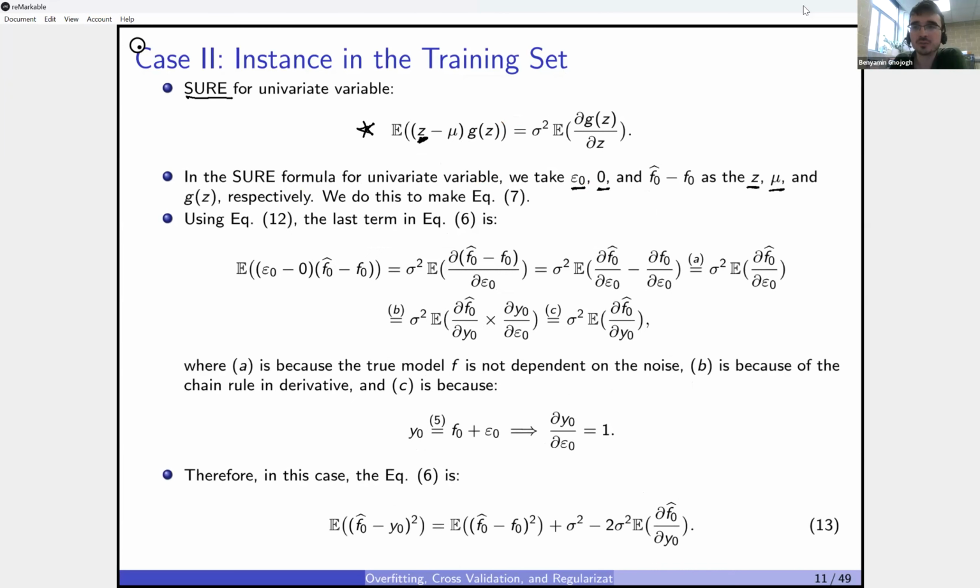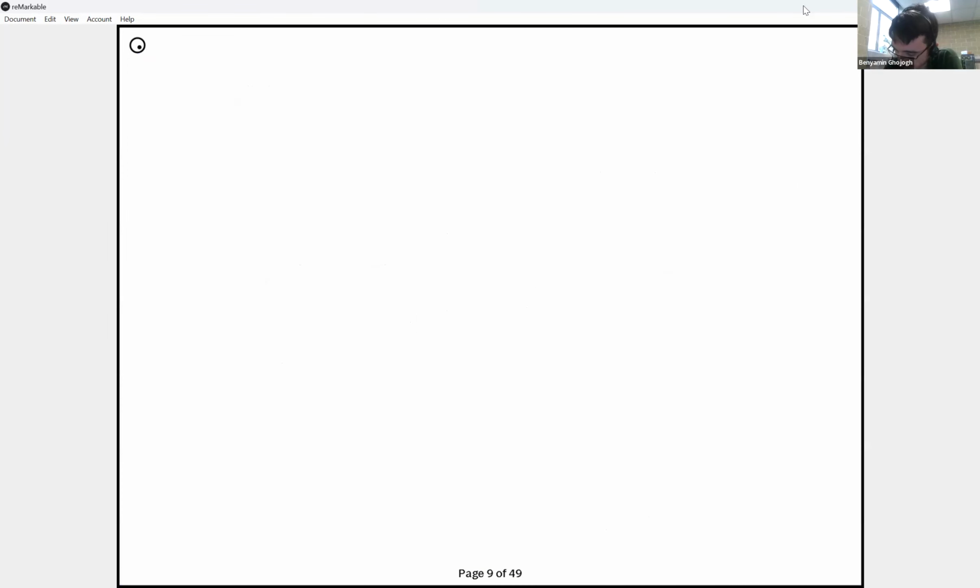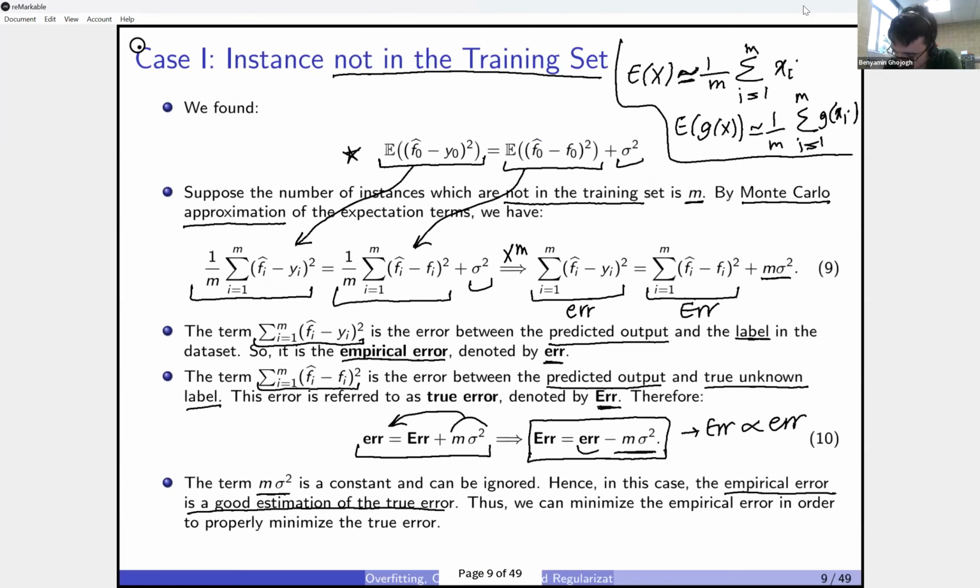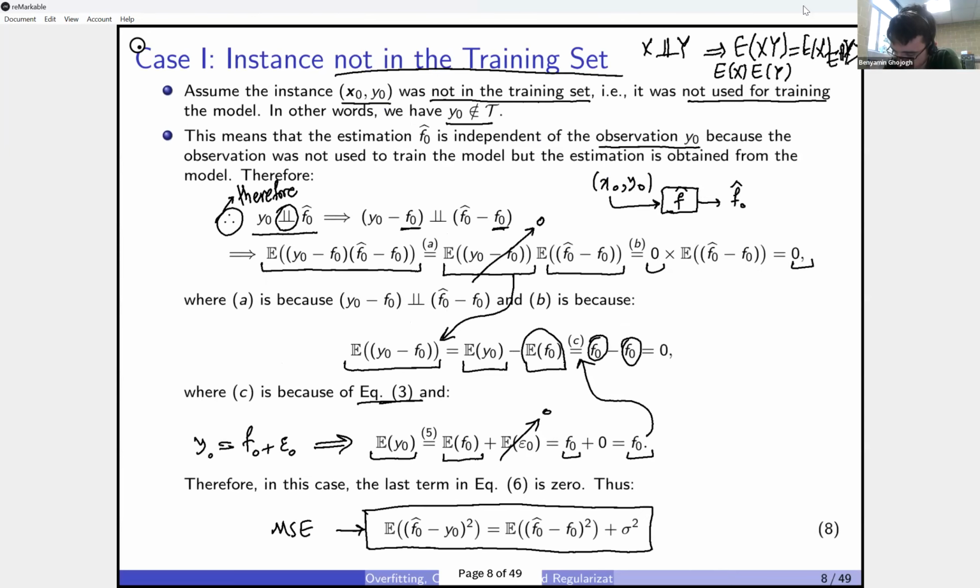Why is mu 0? Because I took Z to be epsilon 0, and I know that the mean of the noise is 0. Do you remember? In one of the initial slides of this slide deck, let me go back to show you. We assumed that the mean of noise is 0.